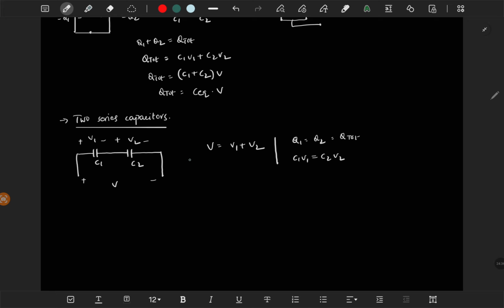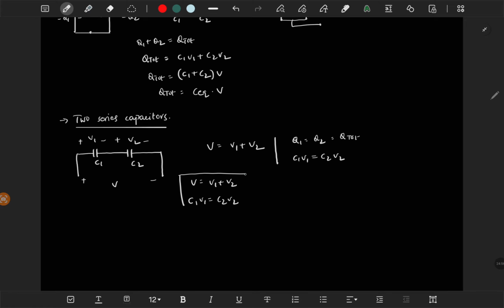So if you solve this expression, we have V is equal to V1 plus V2. V1 and V2 are unknown and V is known, and we have C1 V1 is equal to C2 V2.